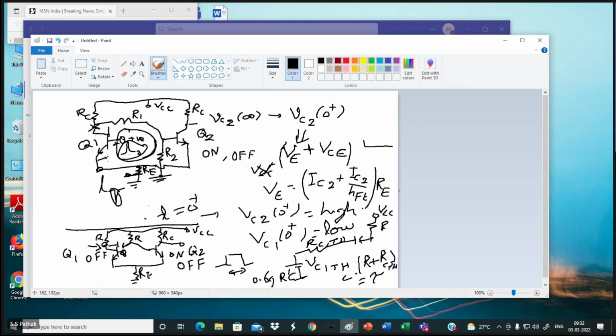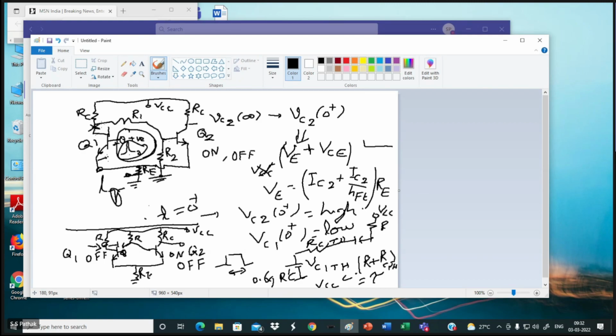I want to see, if it is cut from here, how much voltage is coming at this point, and that voltage will be VCC coming through R. So VC1TH will be VCC.